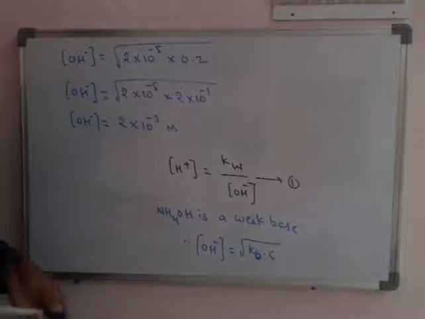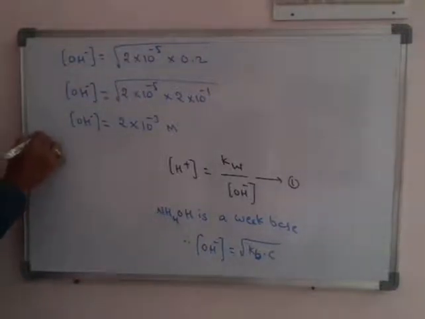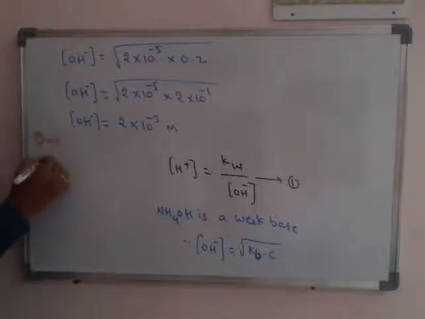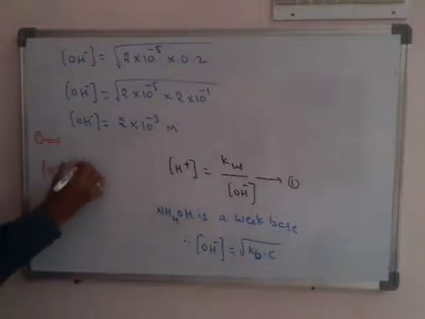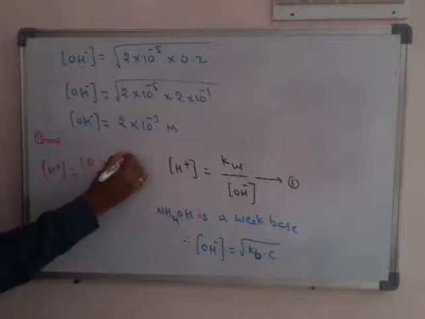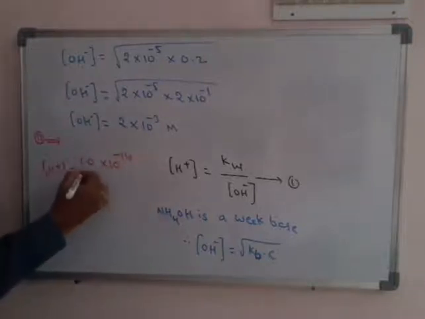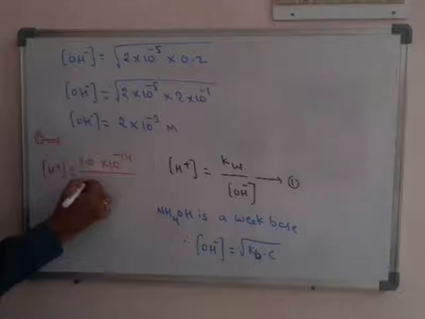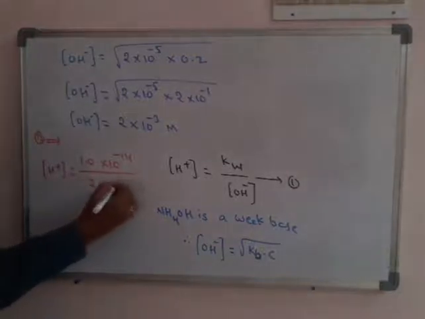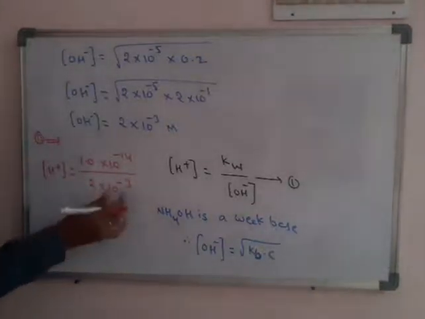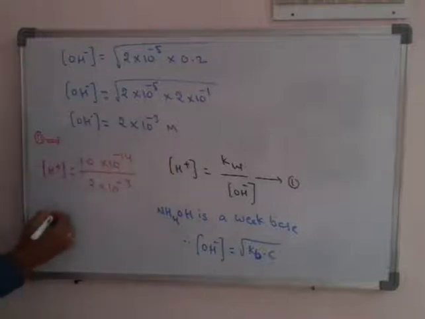Now substitute in equation 1. H plus is equal to Kw by OH minus. What is the Kw value? We know that at 25 degrees Celsius it is 10 to the power minus 14 moles square per liter square. OH minus concentration, how much did you get? 2 into 10 power minus 3 M, that is moles per liter.